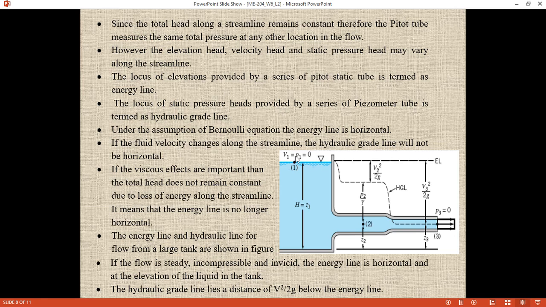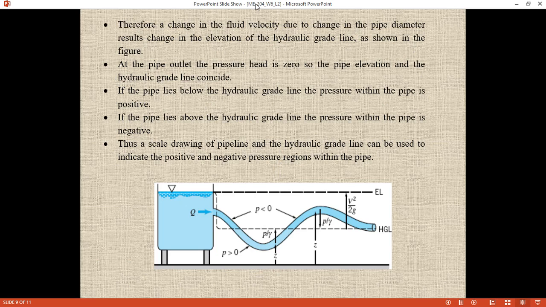Therefore, a change in the fluid velocity due to a change in pipe diameter results in a change in the elevation of the hydraulic grade line, as shown in the figure that we have discussed. At the pipe outlet, the pressure head is 0, so the pipe elevation and the hydraulic grade line coincide, that we have discussed in the previous diagram.